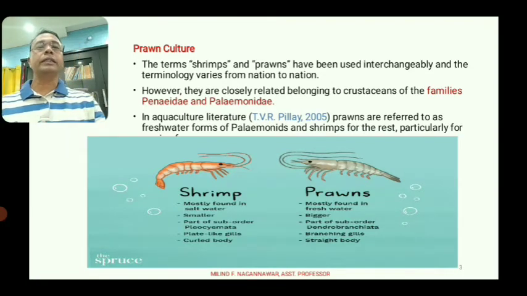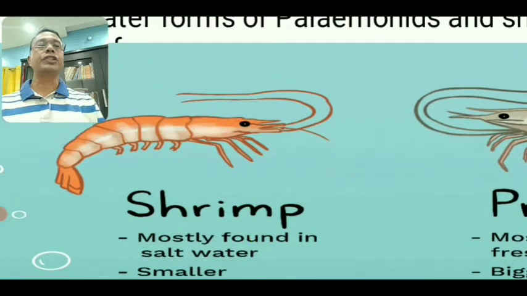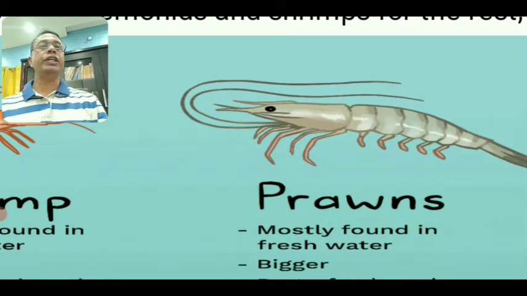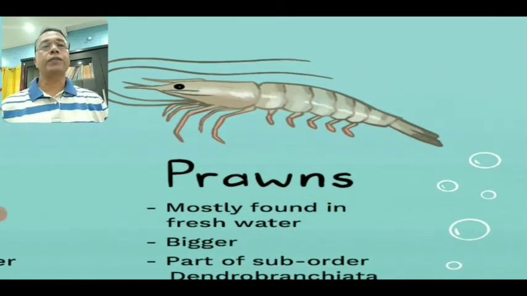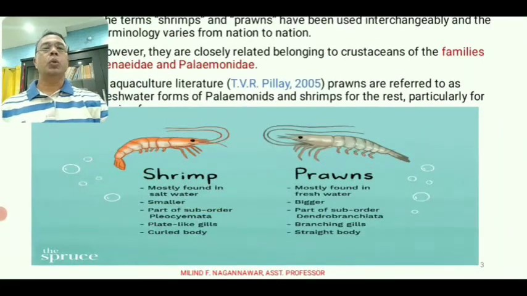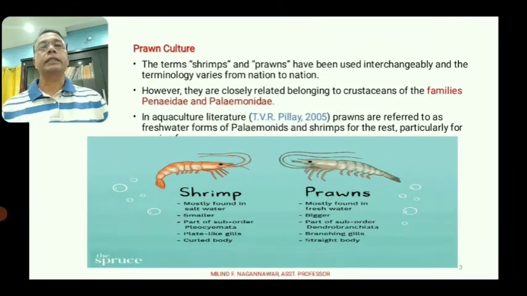You will see a curved body in the case of the shrimp, and a straight body structure in the case of the prawns. So here we should remember when we should use the terms shrimps and prawns.